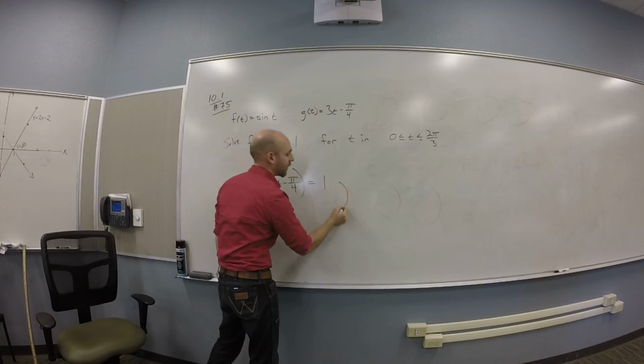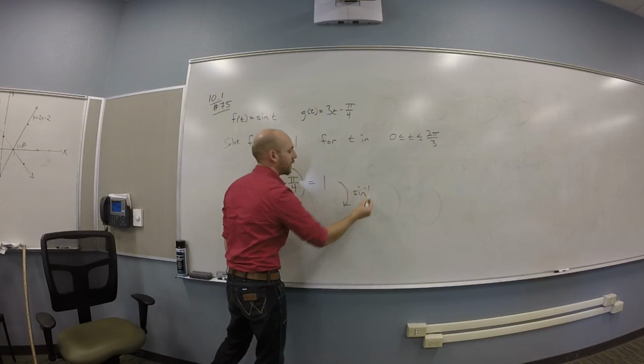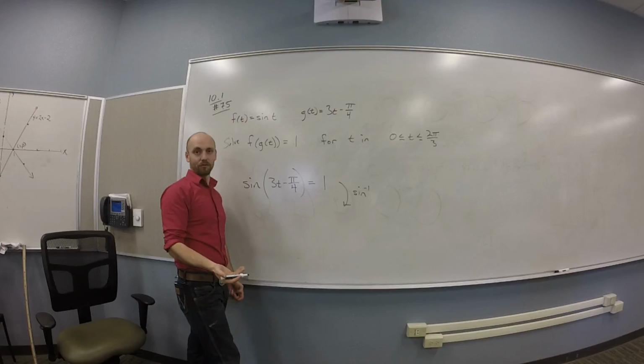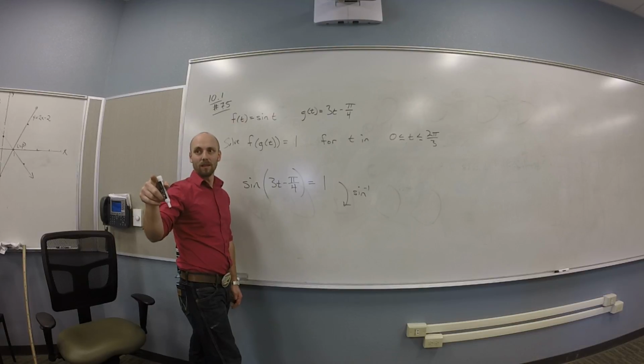That's really me thinking about, well, to solve, I'd take inverse sine, right? Just unsine both sides. We have to be a little careful, because we need to make sure that 1 is within that function.